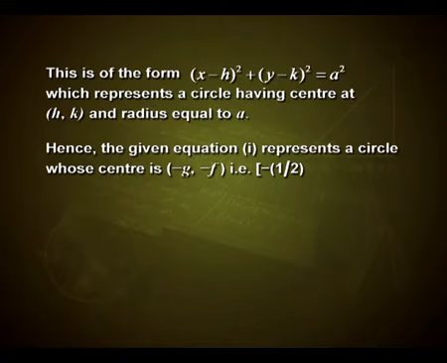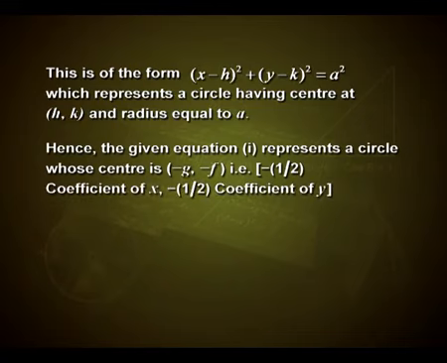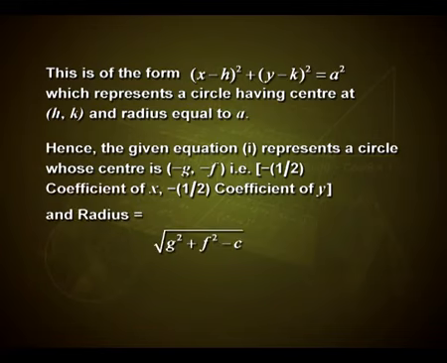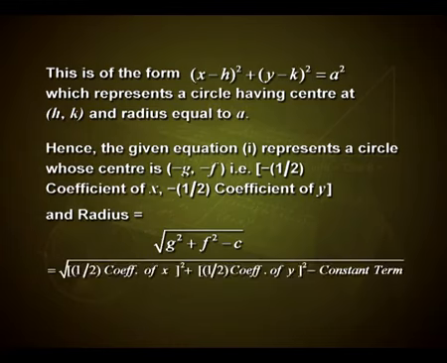Hence, the given equation 1 represents a circle whose center is minus g comma minus f, that is minus 1 upon 2 coefficient of x comma minus 1 upon 2 coefficient of y, and radius is equal to square root of g square plus f square minus c, that is equal to under root of 1 upon 2 coefficient of x whole square plus 1 upon 2 coefficient of y whole square minus constant term.